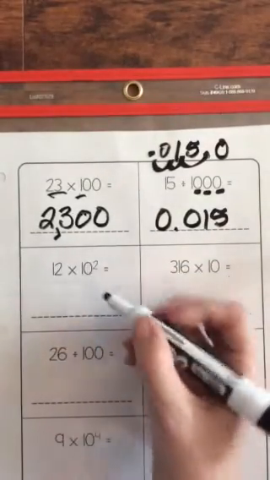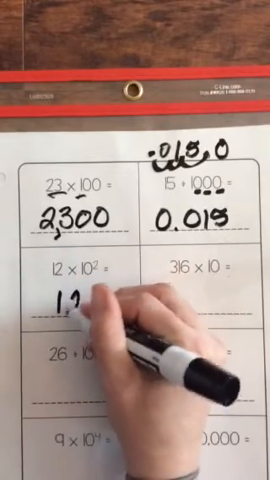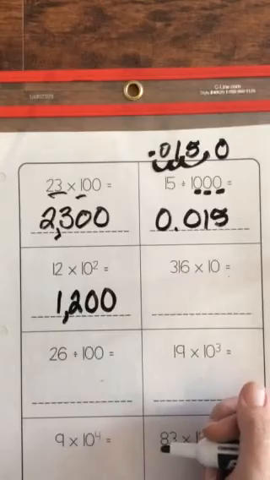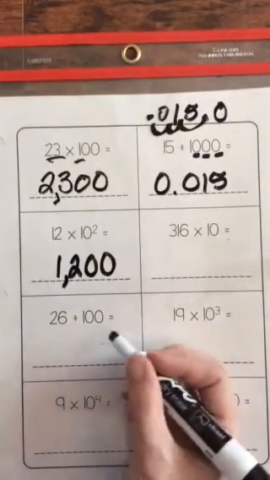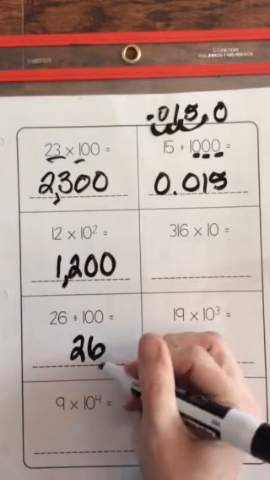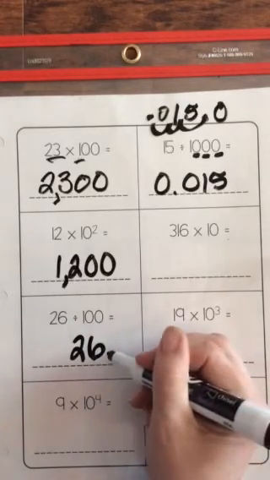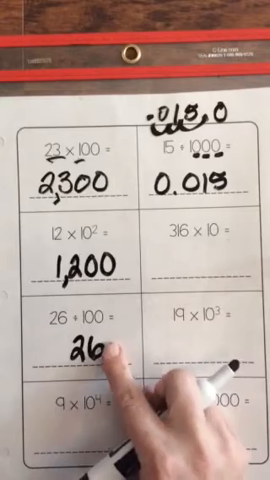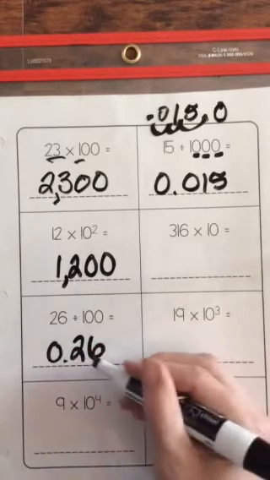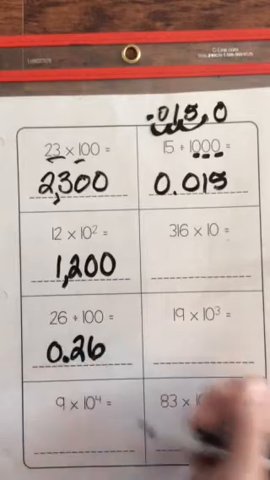12 times 10 to the second power, adding in 2 zeros. If I were to take 26 divided by 100, here's 26, here's my decimal. I'm going to move it back 2 spaces. So it ends up giving me 26 hundredths.